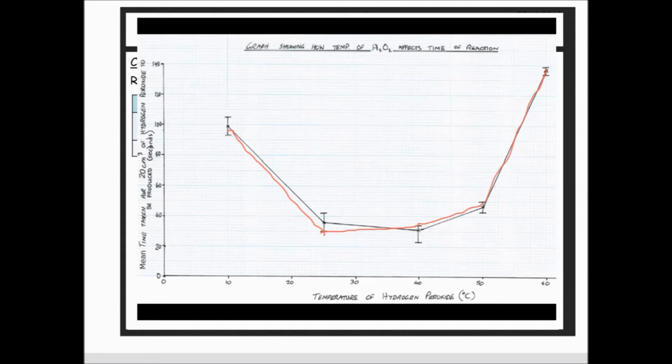And therefore, it's feasible that this is actually the optimum, because I had a set of results which could imply that. The means do indeed imply that this was the optimum, but the overlapping error bars reduce our confidence in that effect.